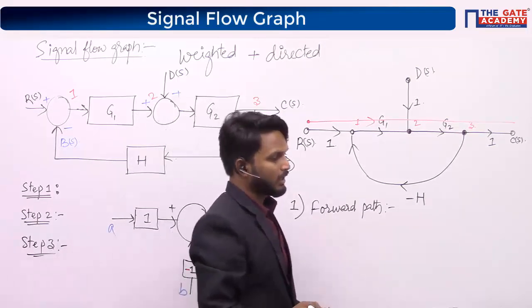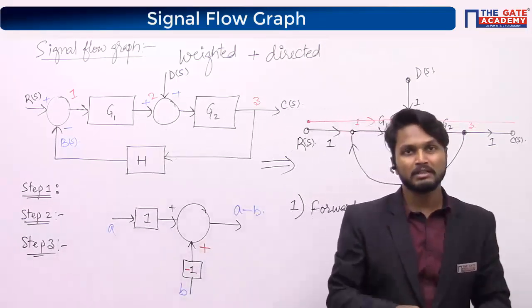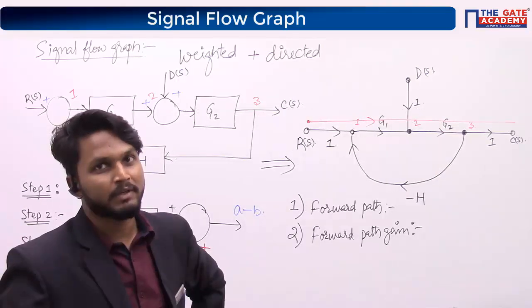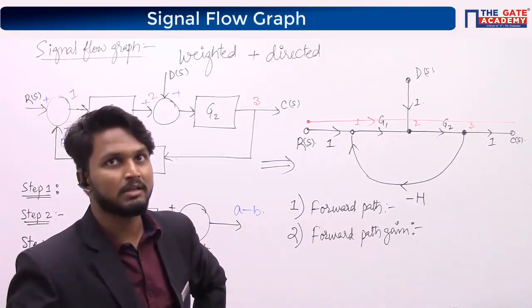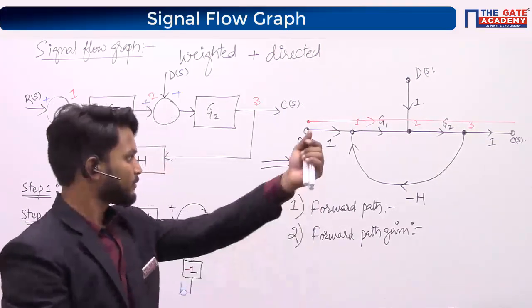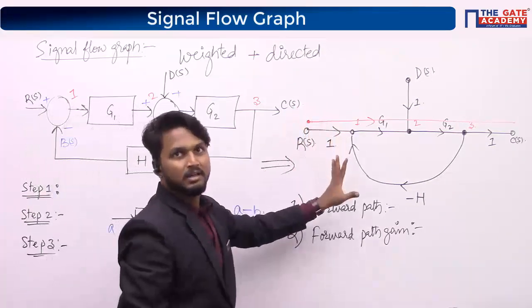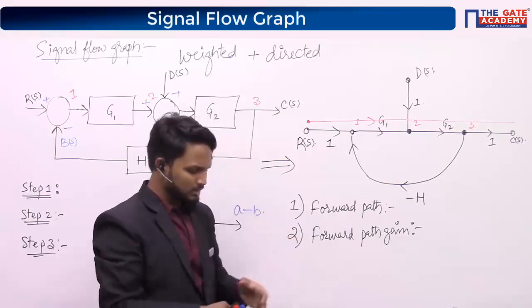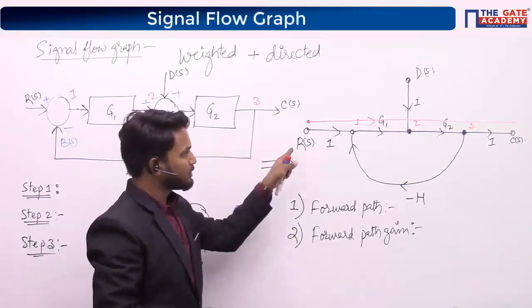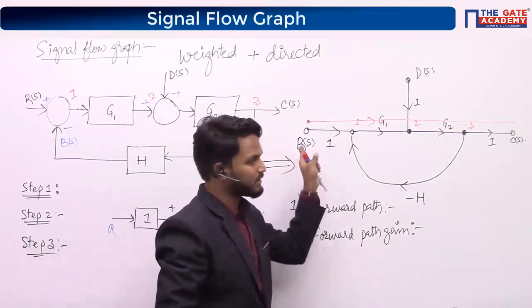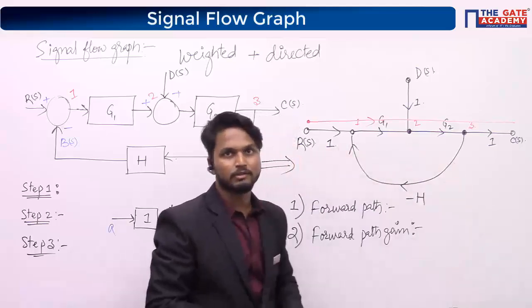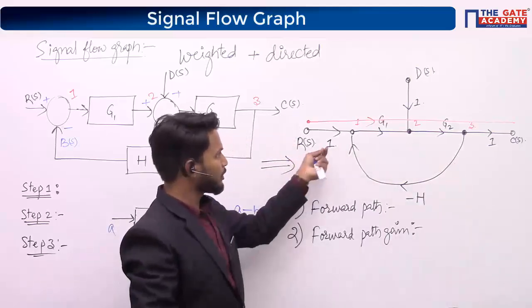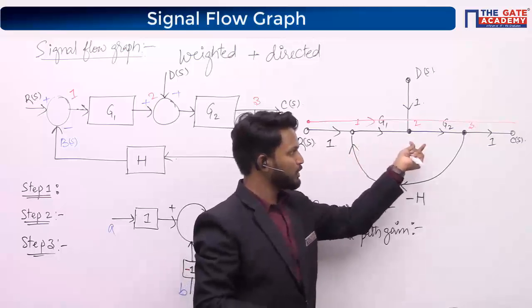Take down the next definition. Forward path gain: the product of gains of all the branches in the forward path. In this case, let us calculate the forward path gain. This is the forward path connecting R of S and C of S in this particular direction, so the product of 1, G1, G2 and 1.